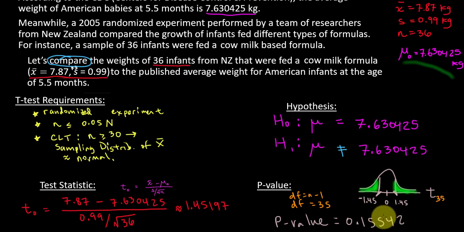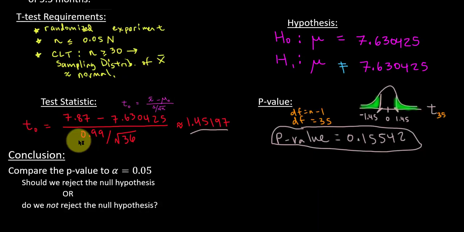Those are our computational steps, but we still need to state a conclusion based on our analysis thus far. To state our conclusion, we are going to compare our p-value to the level of significance.